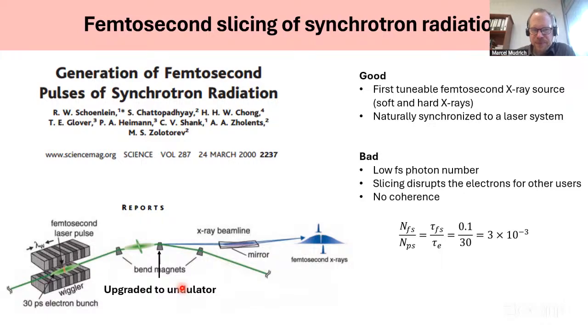There are still a few facilities where people continue working on femtosecond slicing, in particular BESSY synchrotron in Berlin, but mainly this has been replaced by free electron lasers now.